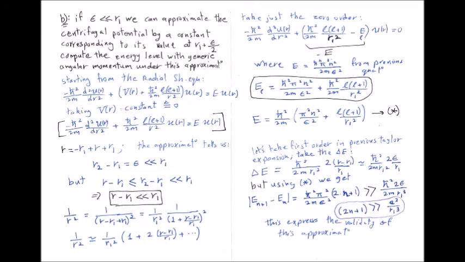And for this approximation to be valid, this difference should be far bigger than the error resulting from the Taylor expansion, which is h bar squared 2c over 2m r1 cubed. So using this inequality, I can find the condition where the validity of this approximation is always true, and this condition is that 2n plus 1 should be far bigger than c to the power 3 over r1 to the power 3.